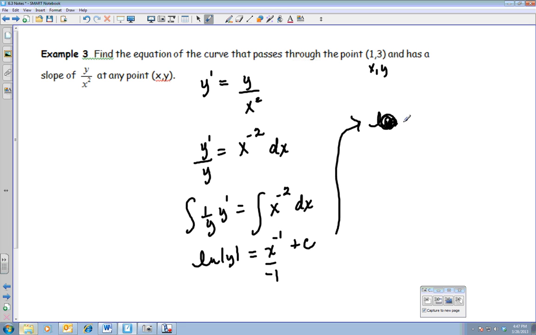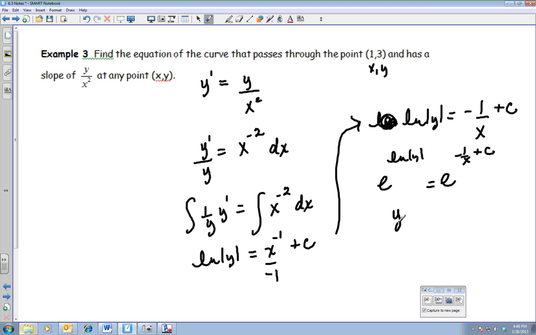Before that, I have natural log of y. I'm going to rewrite this as simple as possible. So now e both sides. And now I have natural log of e to the natural log of y is y equals e to the negative 1 over x plus c.